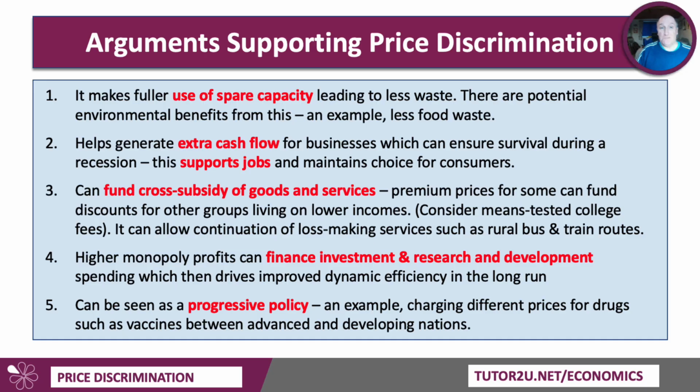So higher profit can finance investment in research and development, which improves dynamic efficiency. And if you take a global view, price discrimination in pharmaceuticals, for example, can be quite progressive. People in high-income countries, advanced nations, paying a high price for vaccines, whereas pharmaceutical companies sell at marginal cost in countries where incomes and government funds are lower.